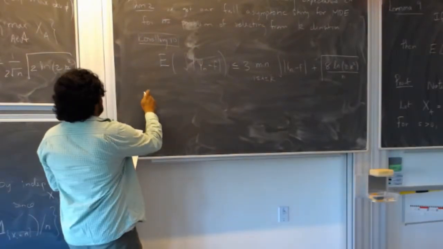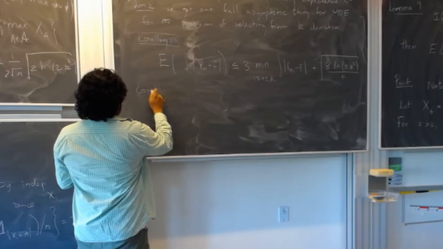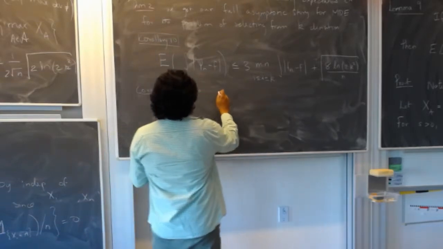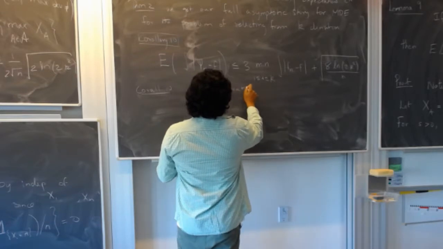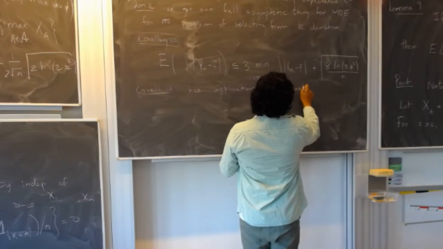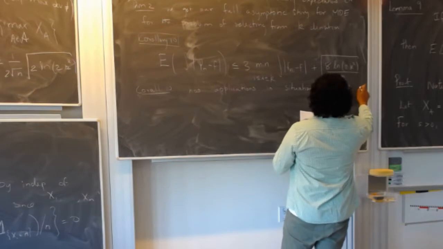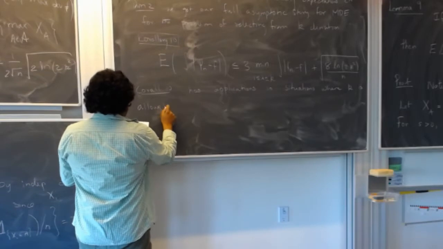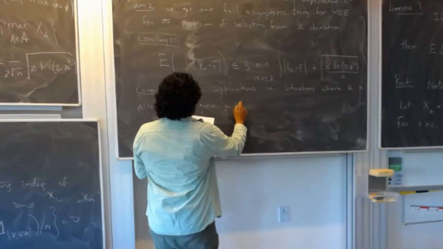So let's look at some actual numbers. Corollary 10 has some applications in situations where k is allowed to grow with the sample size n.